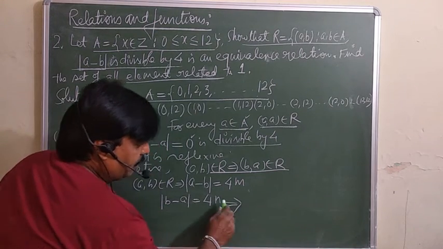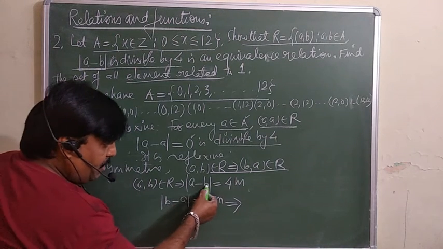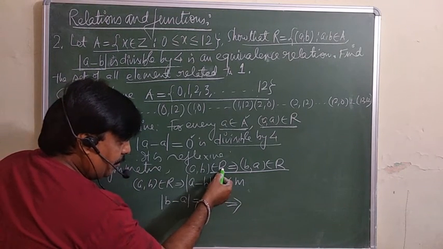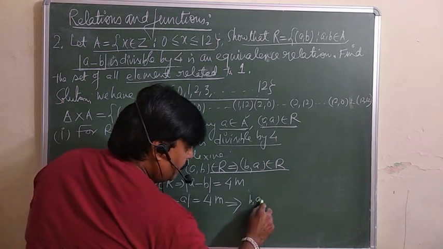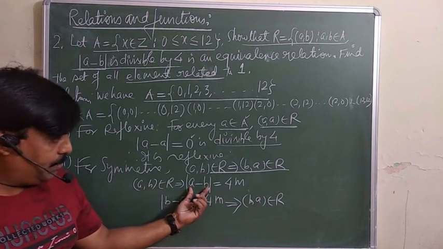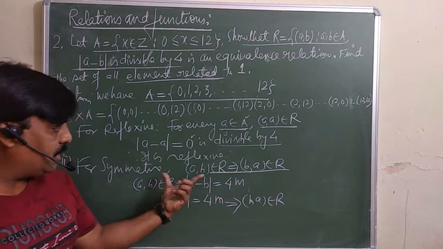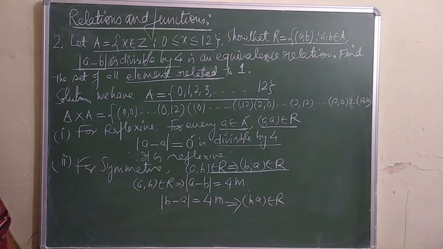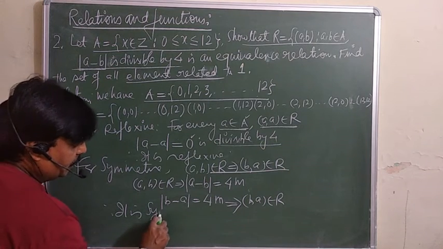From here you will get 4n or you can say 4m, same. It means (a, b) had a relation with R. तो b minus a आ रहा तो क्या होगा, (b, a) is this one. It means if a minus b is a multiple of 4, divisible by 4, तो b minus a भी divisible by 4 होगा, so that is going to satisfy the symmetric condition. So therefore you can say it is a symmetric relation.